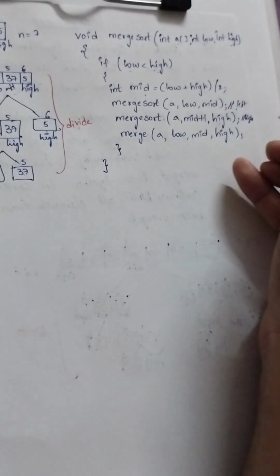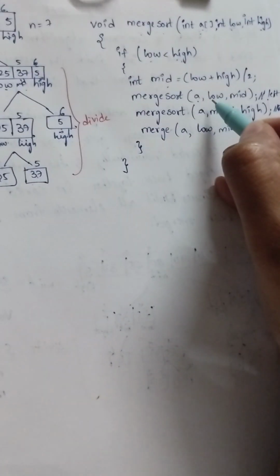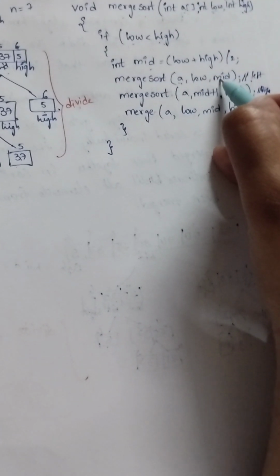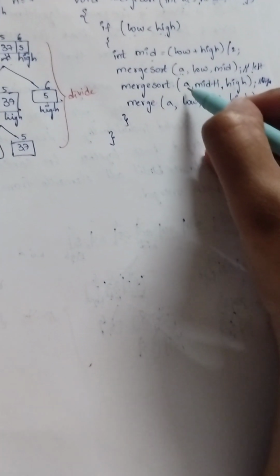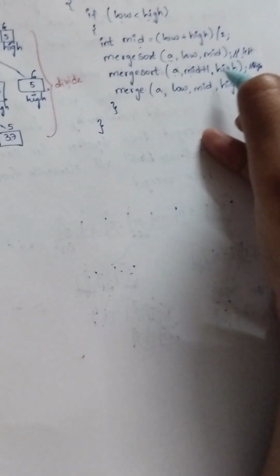The right partition or right division. See, the left division parameters will be array A from low to middle. We are going to make the division, and for the right subarray, A, now low is going to become what? Mid plus 1, and high will be the same.